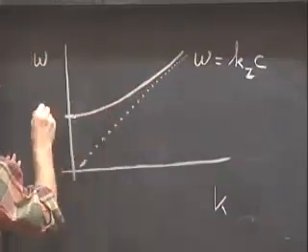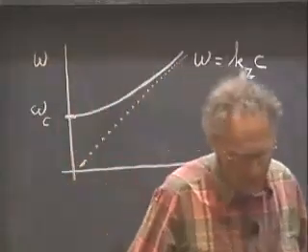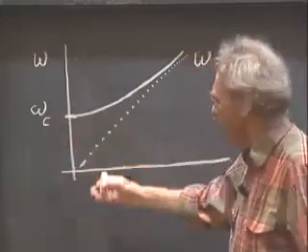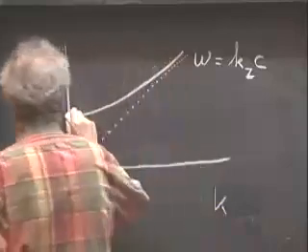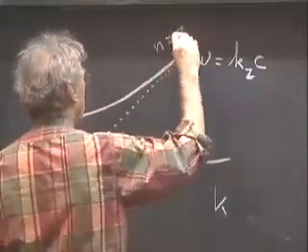There is a value which we call the cutoff frequency, normally called omega c, below which no radiation can go through the pipe. This is not a solution anymore to my wave equation. You're stuck to this line for the mode n equals 1.